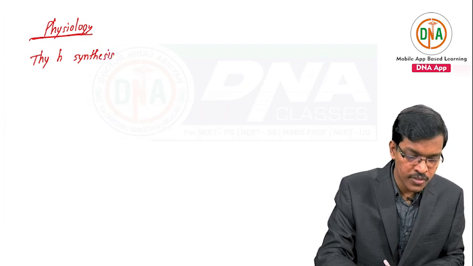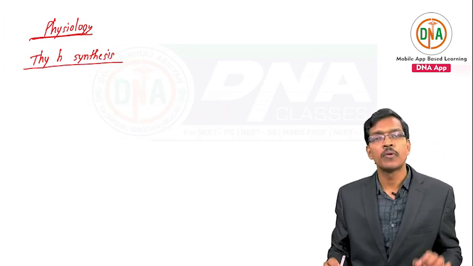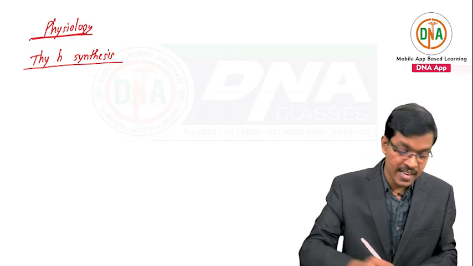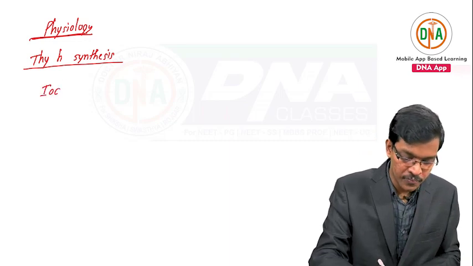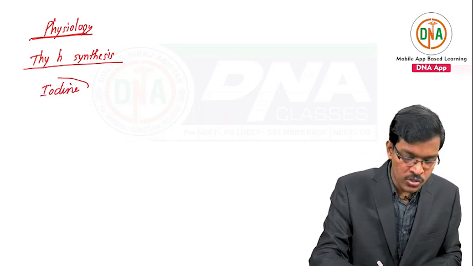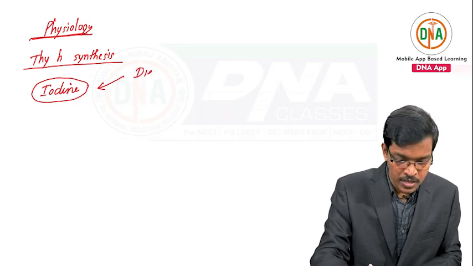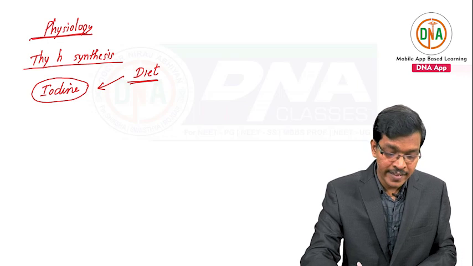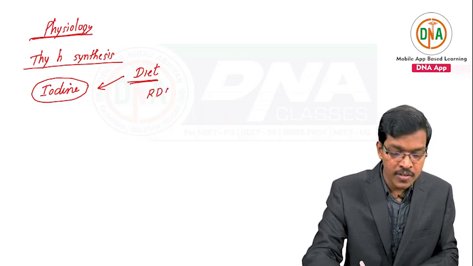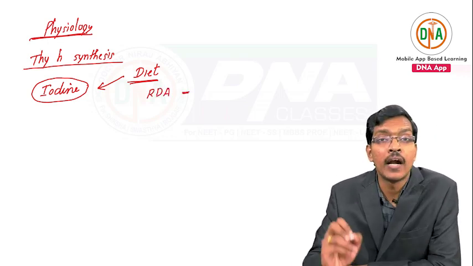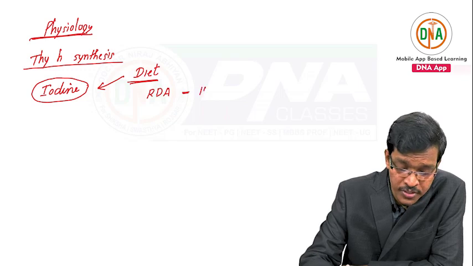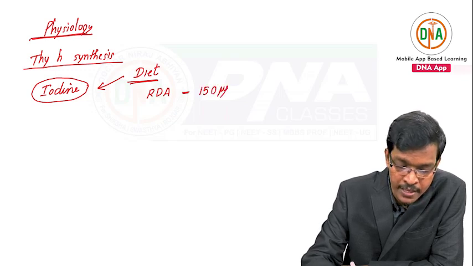For synthesis of thyroid hormone, the most important substance which you need is iodine. Okay. And what is the source of iodine? Iodine we get from the diet. So, what is the recommended daily allowance of iodine? For adults, it is 150 microgram per day.